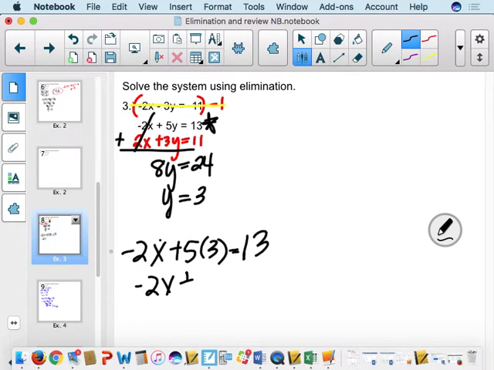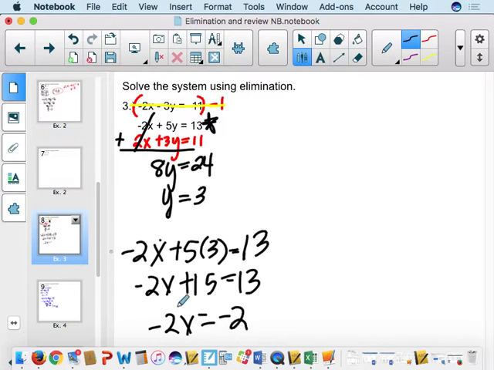Five times 3 is 15, getting ready to solve here. This is a positive 15. We're going to subtract 15 from both sides. So 13 minus 15 is negative 2. Divide both sides by negative 2, and x equals positive 1.